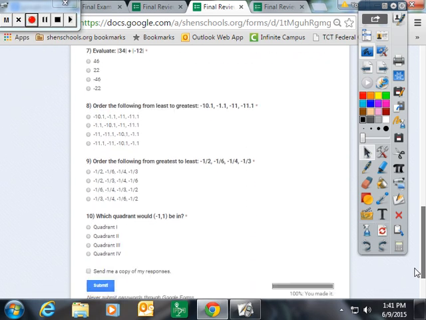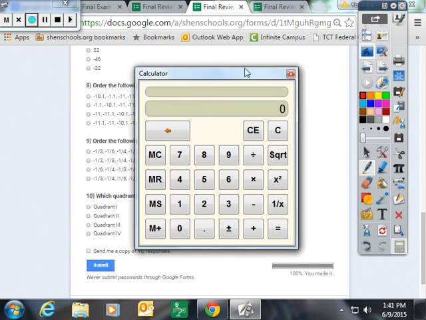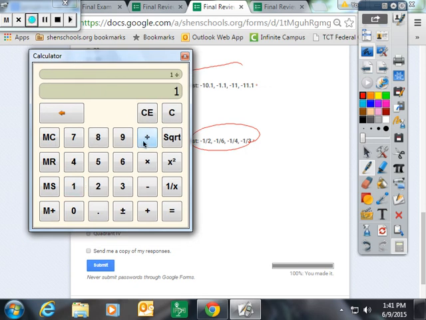Oops, nope, I lied. I wanted to hit one more, okay? This one seemed to be a huge mistake for the kids, so I just wanted to make sure. They had to order negative fractions in order from least to greatest. So my advice to them, if this pops up on the final, is to change them all to fractions, or all to decimals.